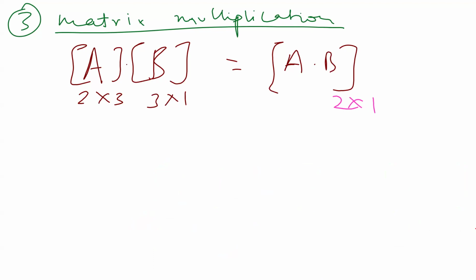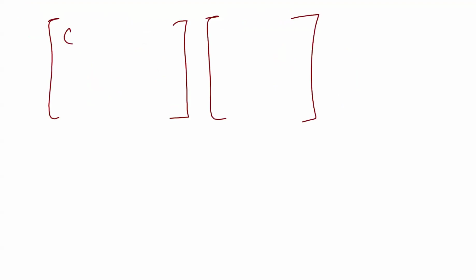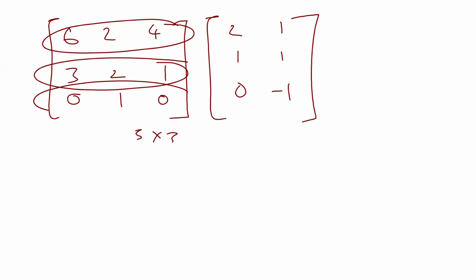Next one. Now let's understand the process of this. The order of the first matrix is 3 by 3: 3 horizontal rows and 3 vertical columns.